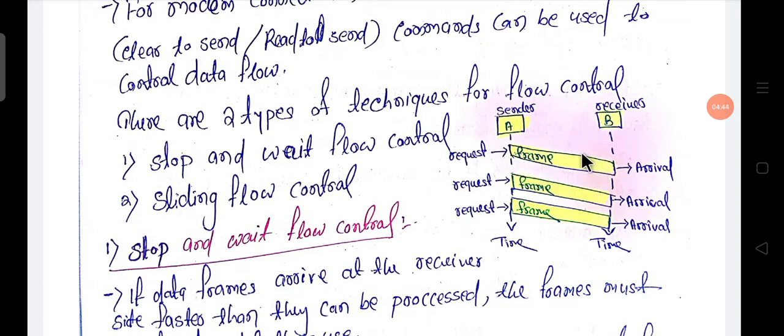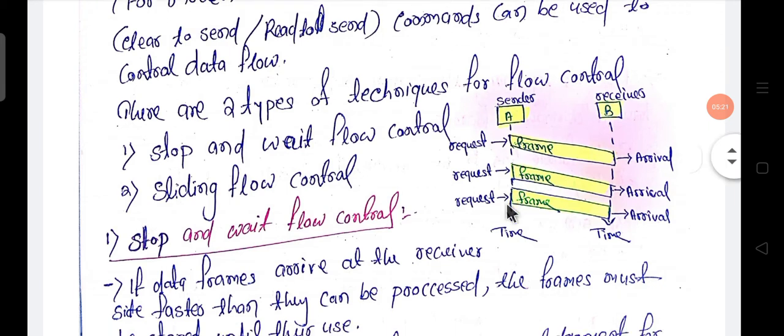Previously we know that a frame consists of a block of data, or block of information, which we want to send. That information is transmitted in the form of a frame. After arrival, another request is made and another frame is sent, and it arrives at the receiver end. This way the flow of frames, or flow of data, happens.